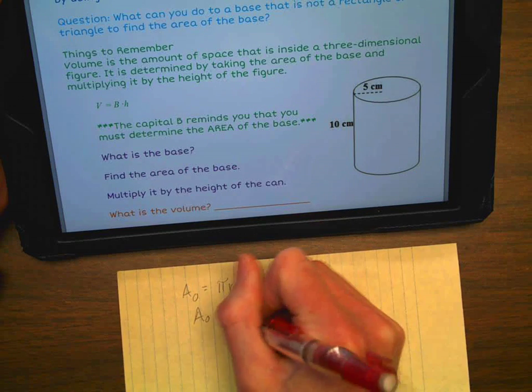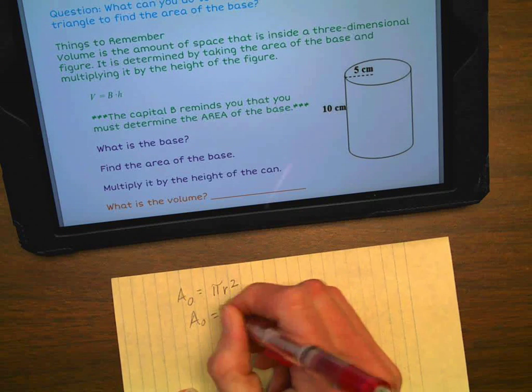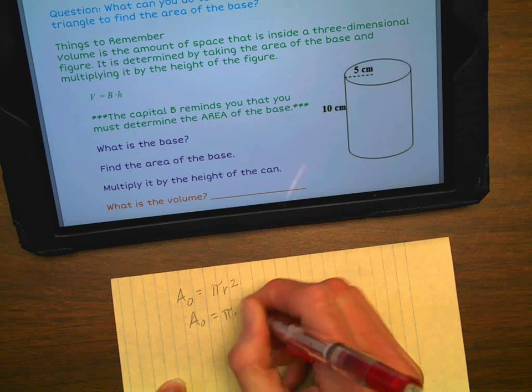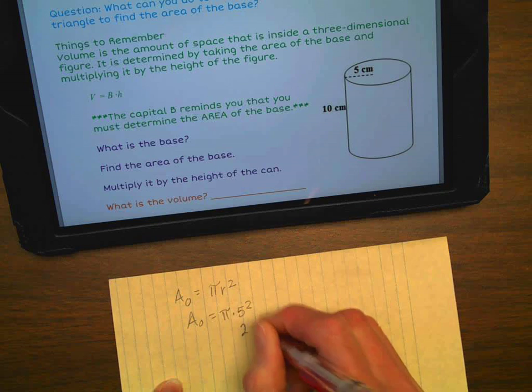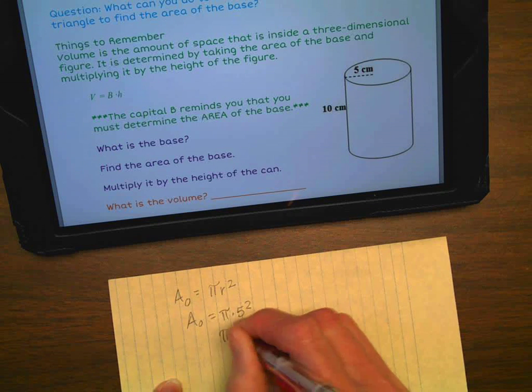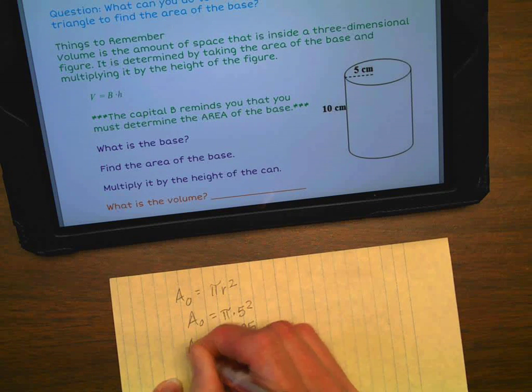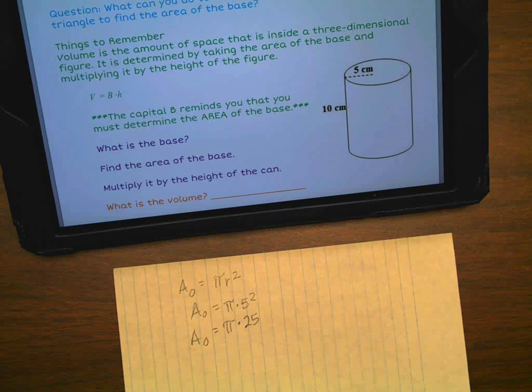So I have the area of a circle equals pi times 5 squared, and 5 squared is 25. So now I'm going to take 25 and multiply it by pi. And if I just leave it in terms of pi, which is fine, sometimes the text says leave in terms of pi, your answer for the area of the circle would be 25 pi.